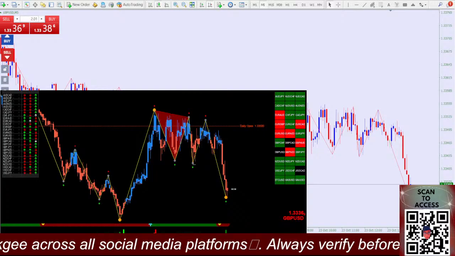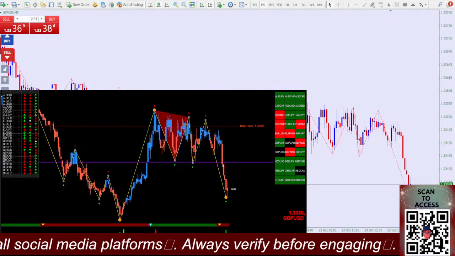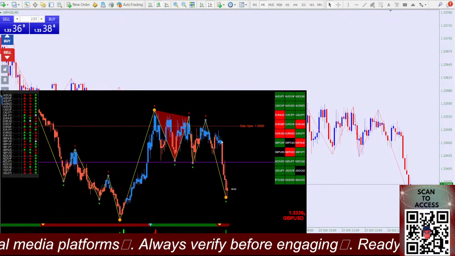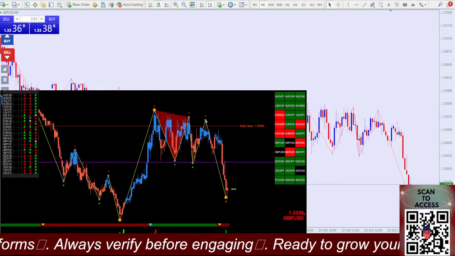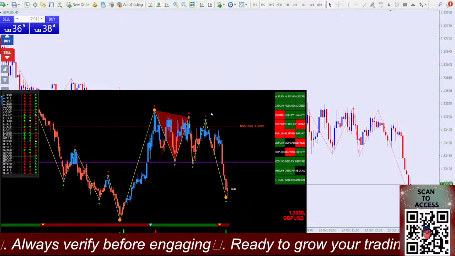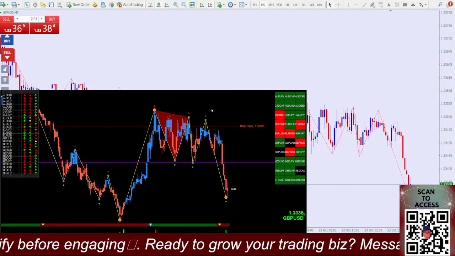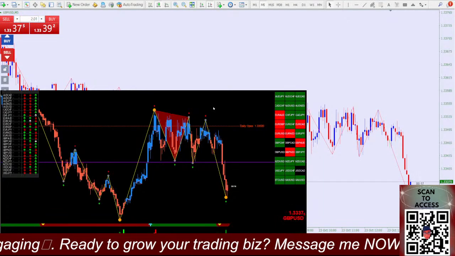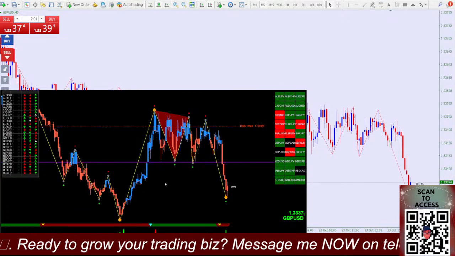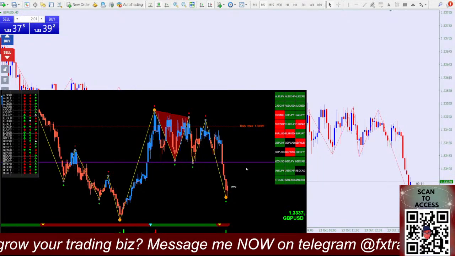After price had broken this leg, and it broke it very, very well. So anyway, I get the pullback, maybe a good place to sell from.